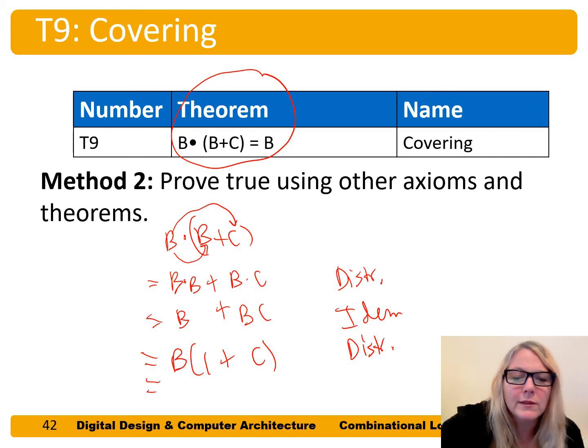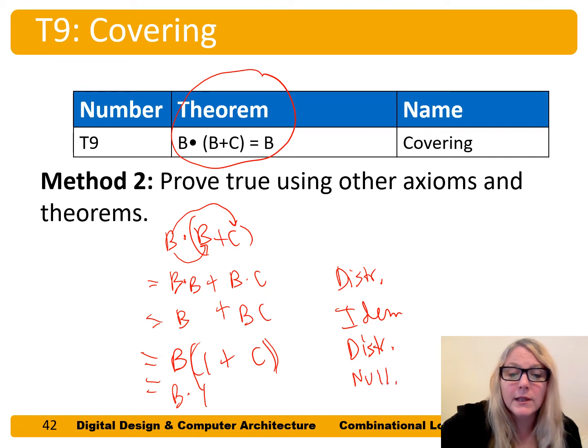And 1 or C is 1 by the null element theorem: anything in an OR relationship with 1 is just going to be 1. And we get B and 1, and B and 1 is just identity. Anything ANDed with 1 is just anything. And we end up with B using identity. So we used our other axioms and theorems to show that we started with the left side and ended up with the right side of that equation.